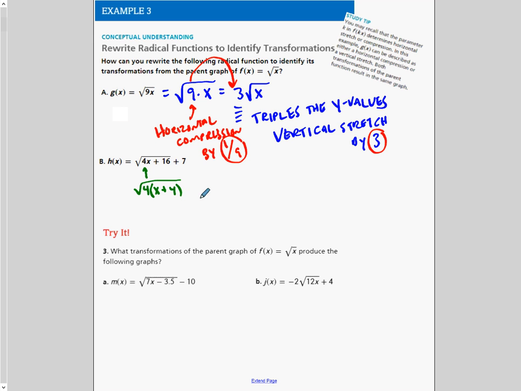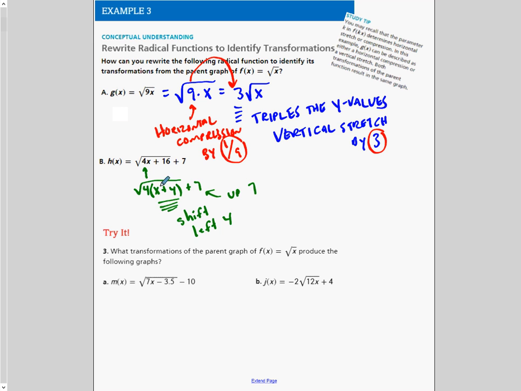So we can correctly see that it actually shifts left 4, not left 16, as you might think when you first look at this. It's left 4, up 7. Notice the 7 doesn't get affected by this business going on inside the square root.